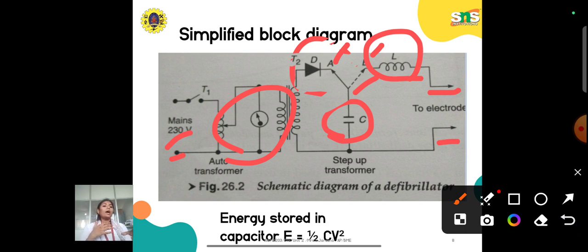So it acts like a timing circuit. Then through the inductor, by means of the electrode, whatever current or energy we have fixed to be delivered will be slowly and gradually delivered to the patient at a prescribed time.